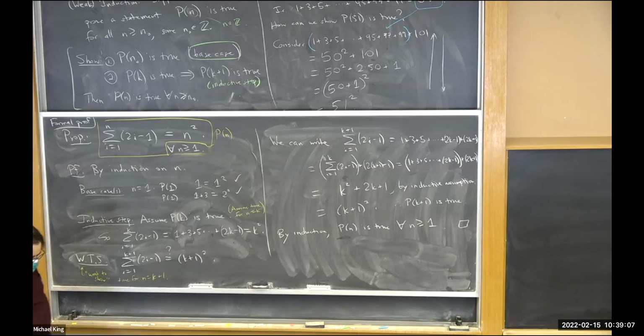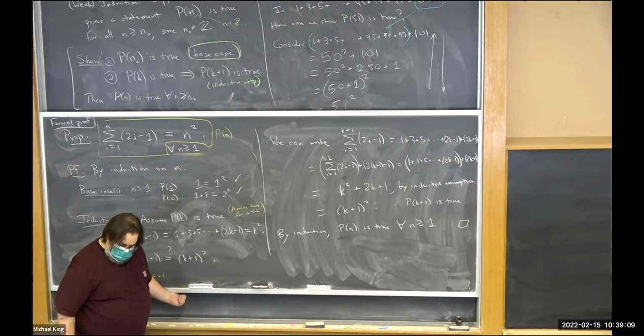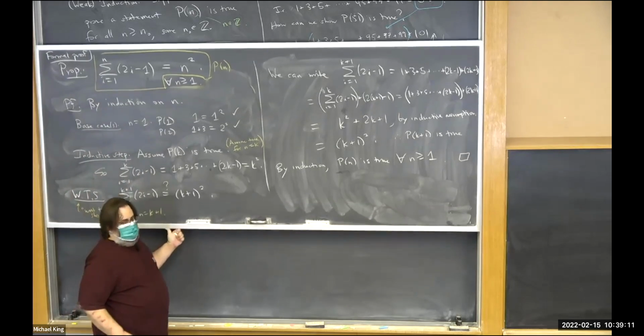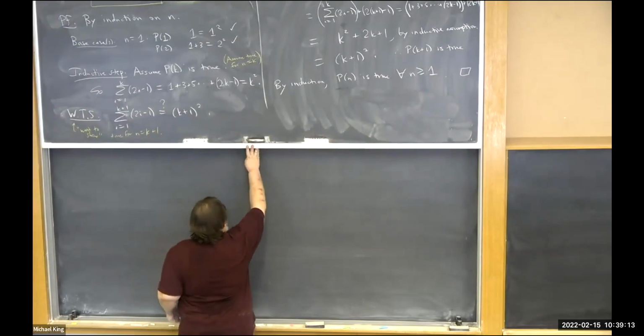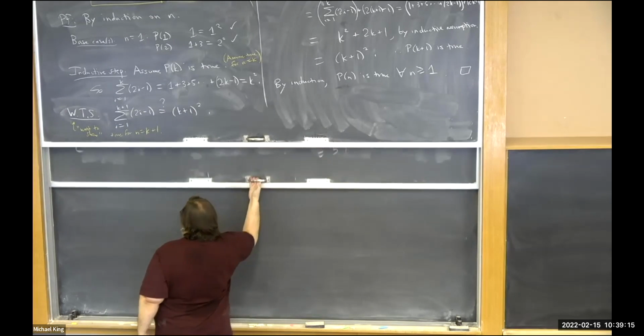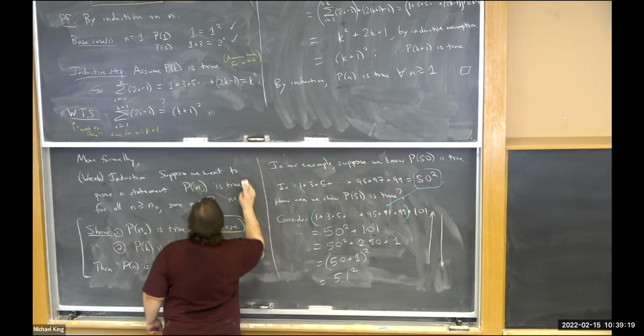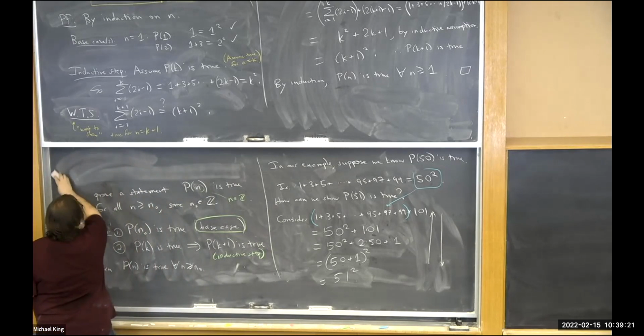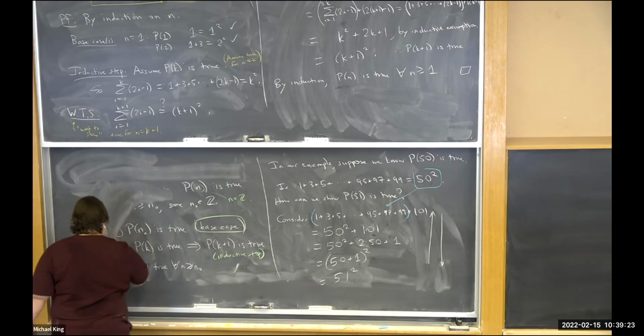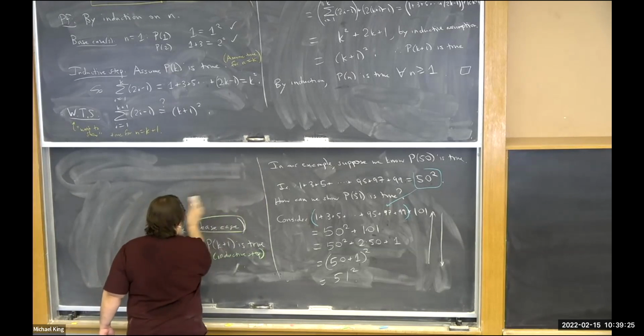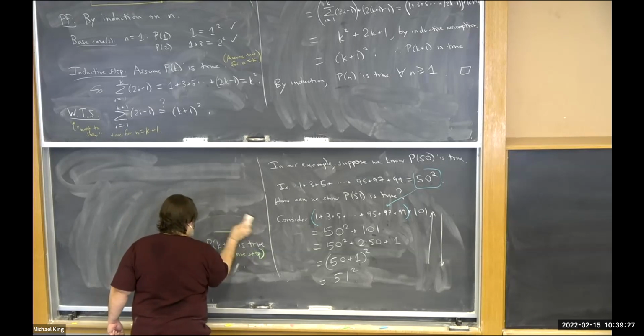Okay, so here's another example. And this is a good one that's not true for n equals 1, 2, or 3. It starts at n equals 4, so it starts a little differently. All right.